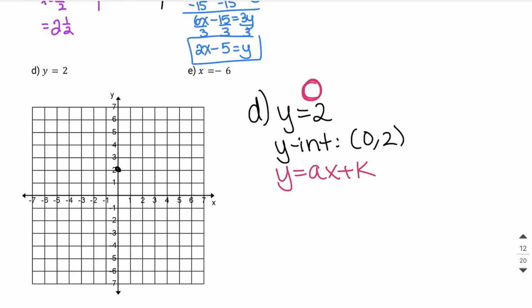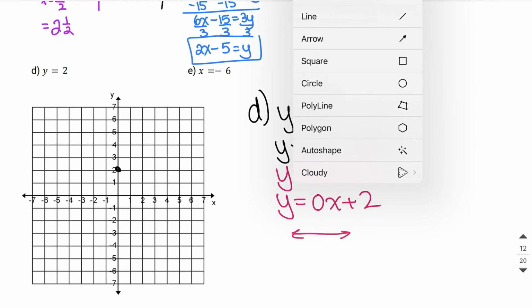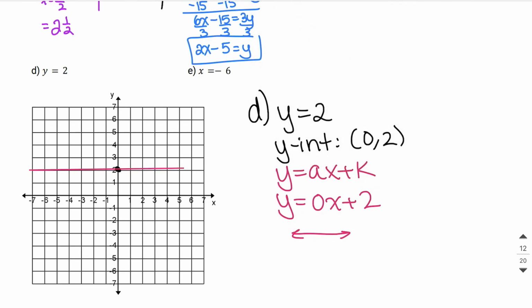But there's nothing added on here in front of this 2. So that means that this is essentially y equals 0x plus 2, where 0 is the slope. And remember, if 0 is the slope, then it's going to look horizontal. So all I have to do is graph out a horizontal line with a y-intercept of 2, write the equation on the line, and then I'm done. That's all I have to do.